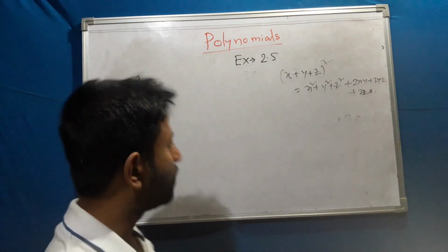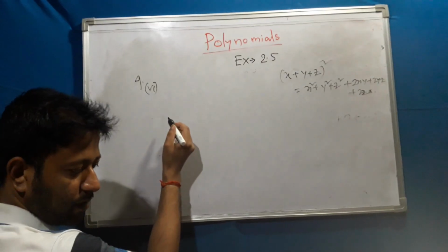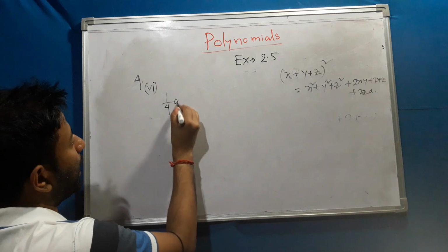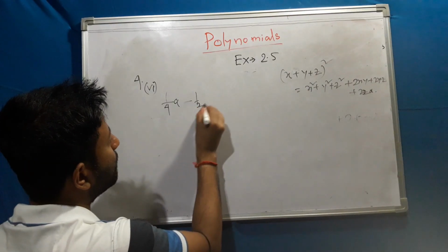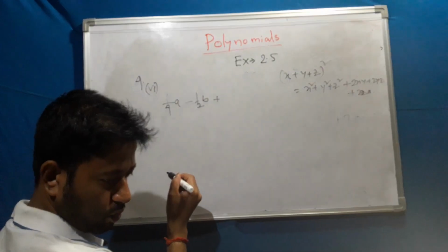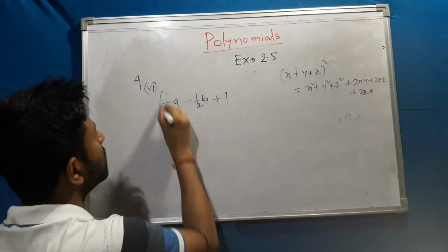Okay. Now question number 6 is written like this: (1 by 4 a minus half b plus 1) whole square.